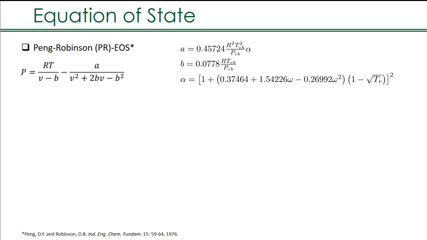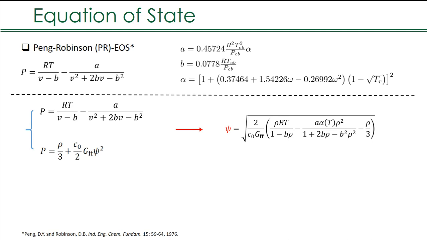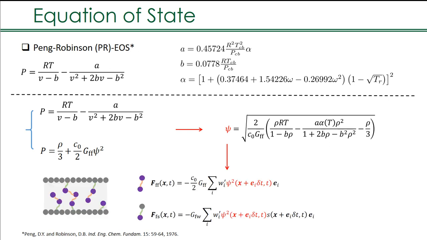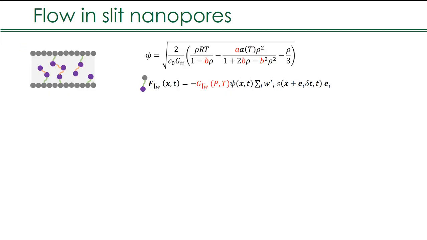You can see two important parameters A and B, which are associated with attractive and repulsive forces. And by combining PR EOS and the relationship between pseudopotential and pressure, we cancel the pressure term to obtain the pseudopotential as a function of density. And thus, we are able to calculate the intermolecular forces and represent the adsorption behavior.